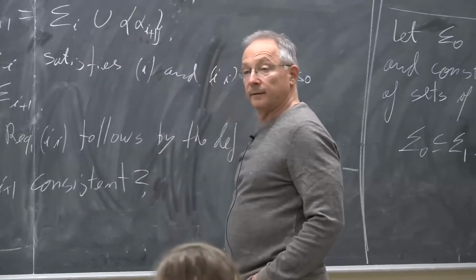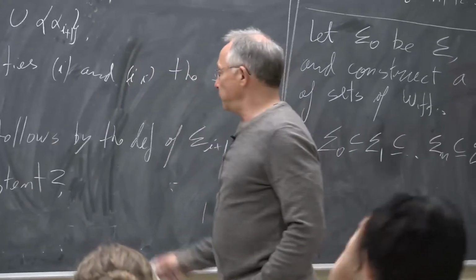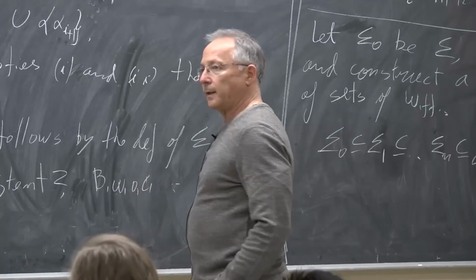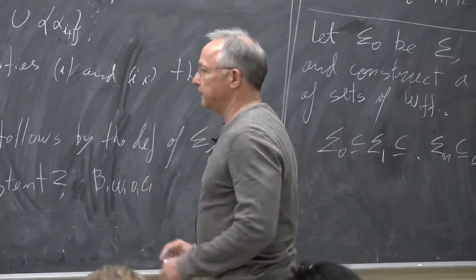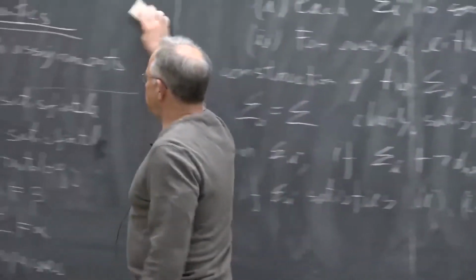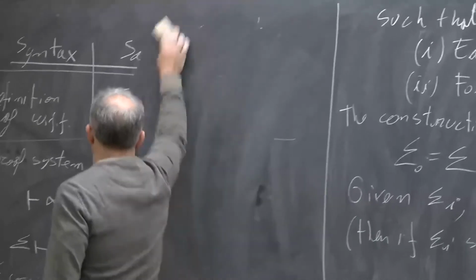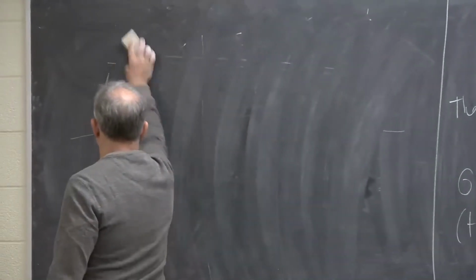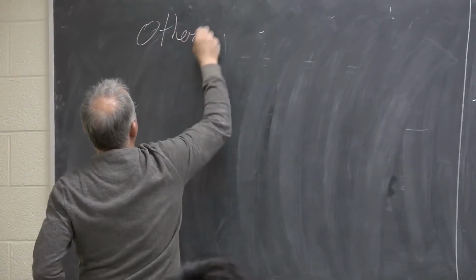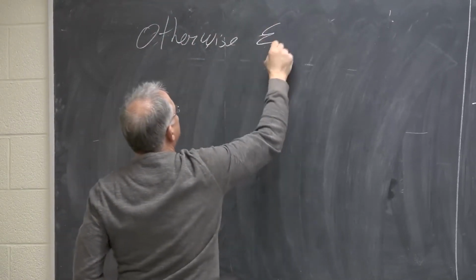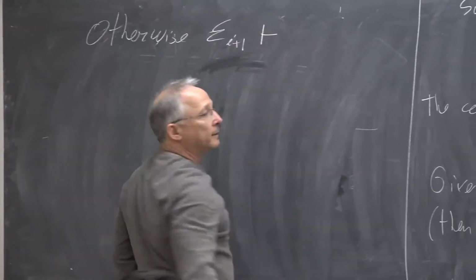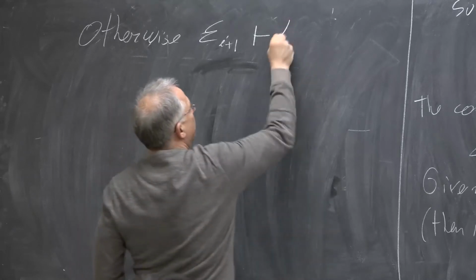This is not easy. So let us argue by way of contradiction. Otherwise, sigma I plus 1 proves alpha I plus 1.